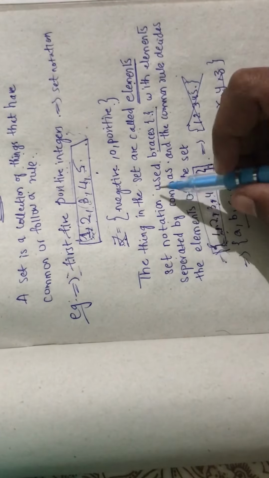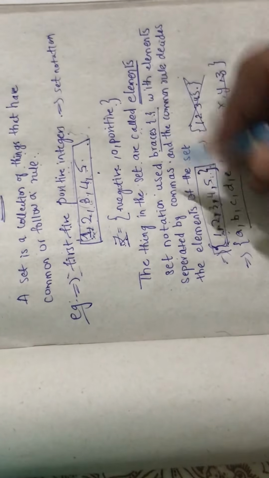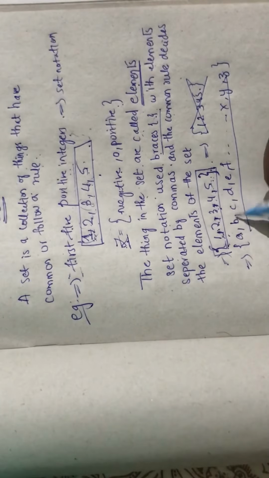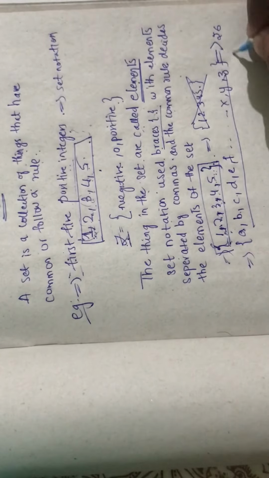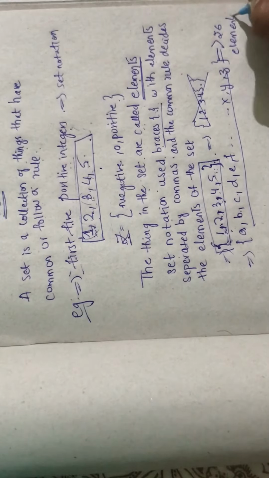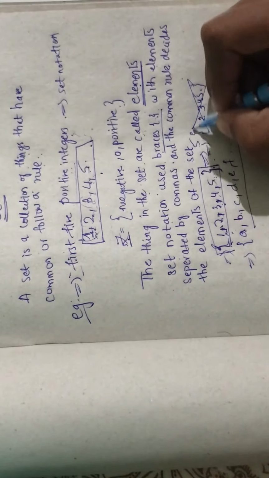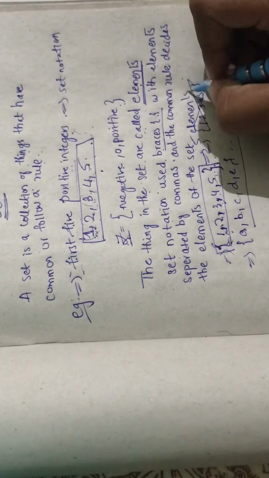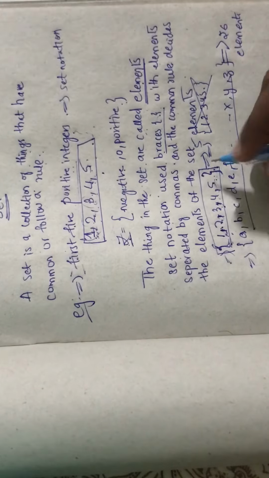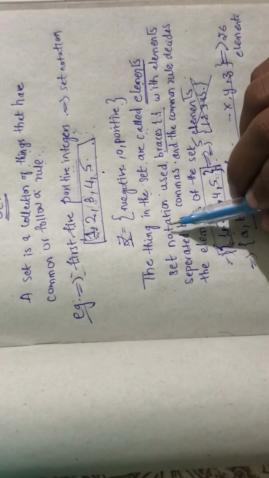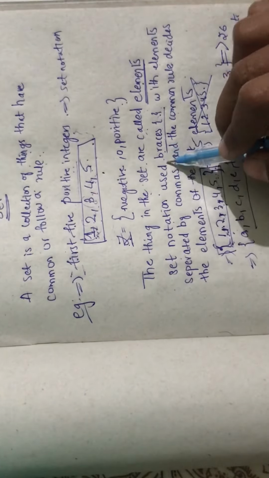The second is that things in the set are called elements. Here the elements are A, B, C, D and so on. This set will contain 26 elements, and the other set will consist of 5 elements. The single values are called elements. The third one is set notation using braces.